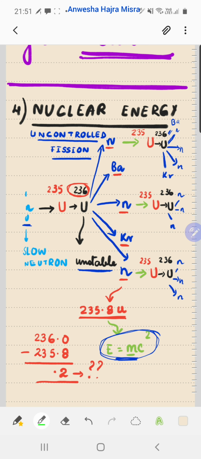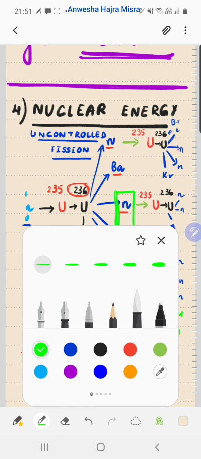Cadmium rods are neutron absorbing materials.